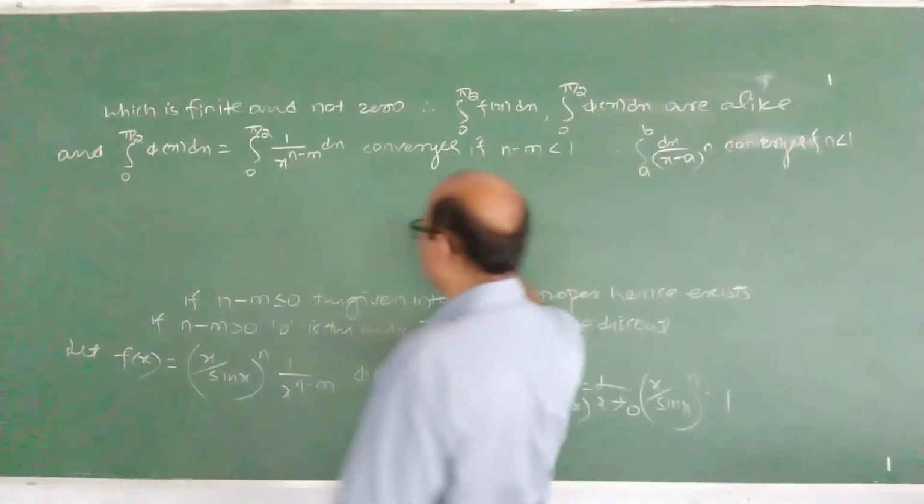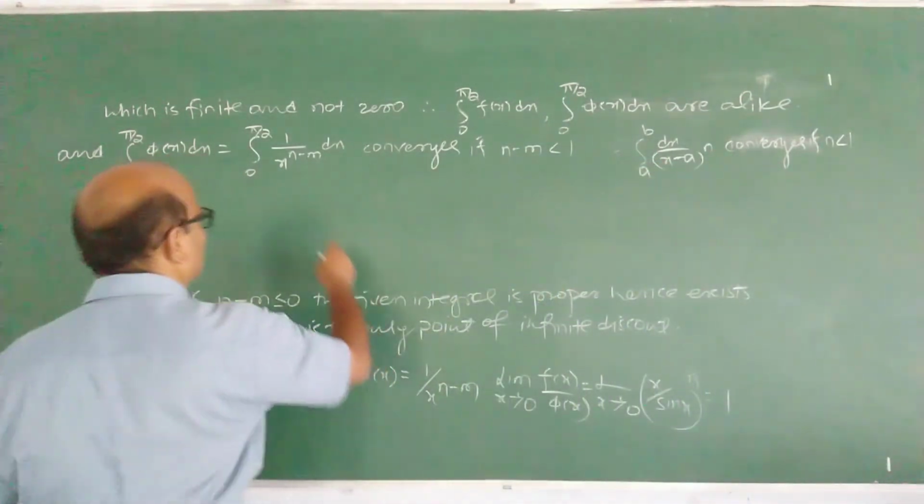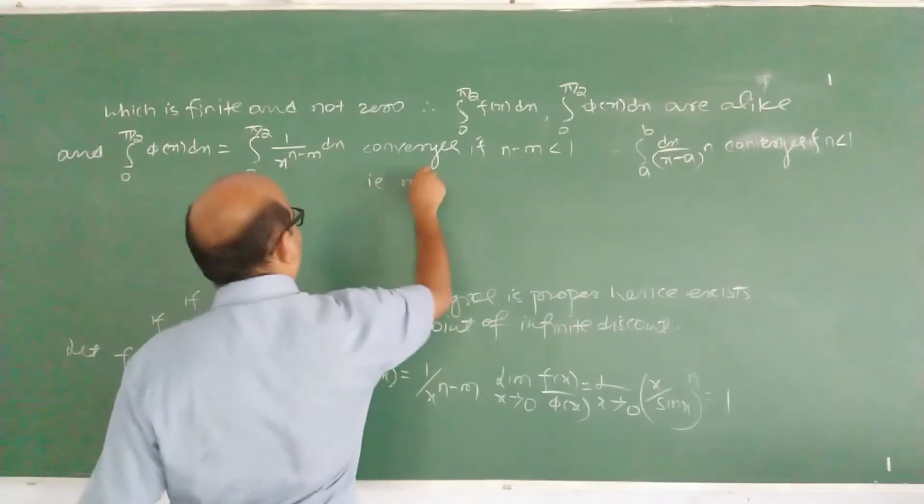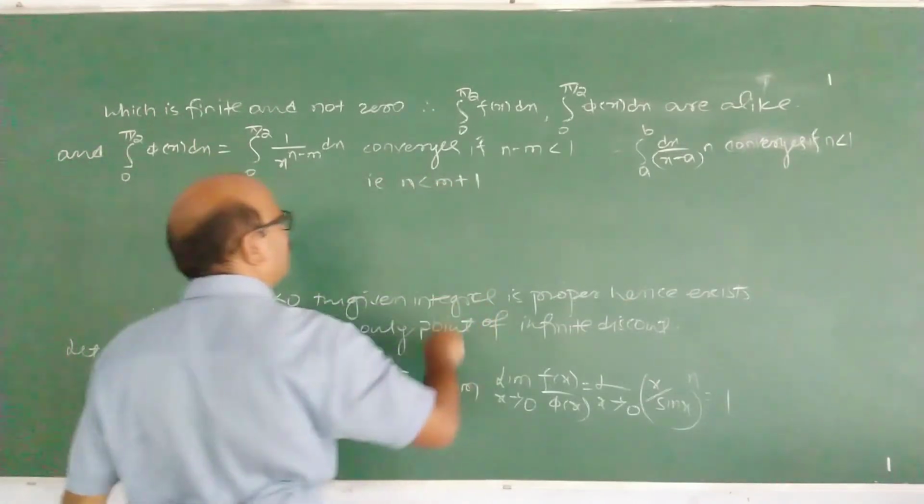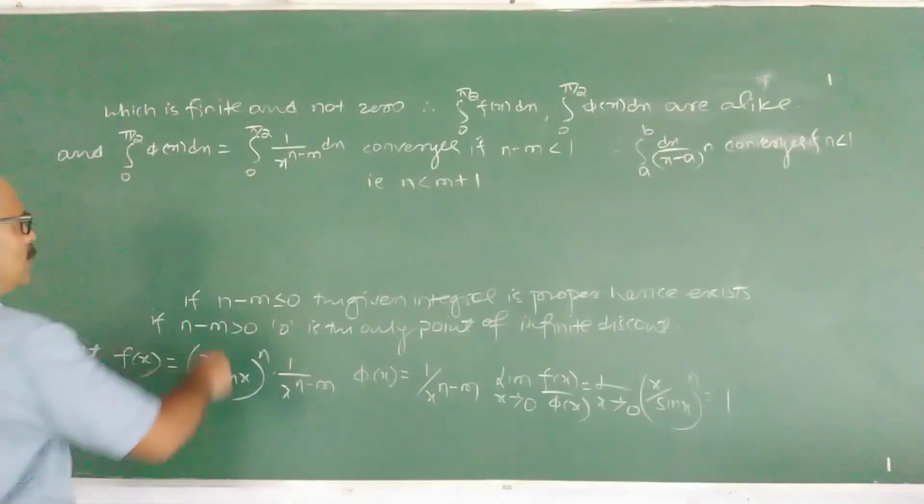Therefore, if n minus m is less than 1, it converges. That is, if n is less than m plus 1, this converges.